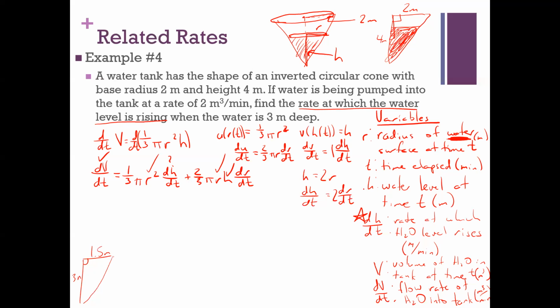Well, r is the same r. I can take a derivative of both sides and say that the rate of change of the height with respect to time will always be double the rate of change of the radius with respect to time.